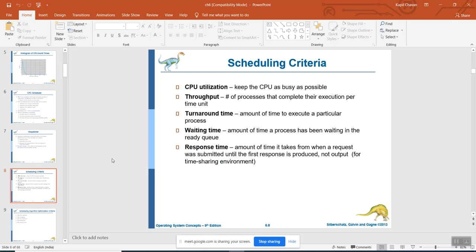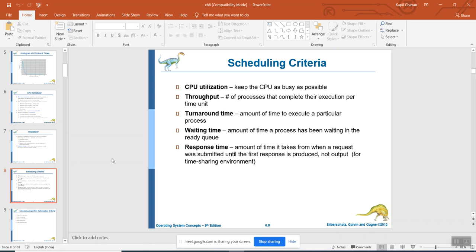Then what are the scheduling criteria? These are three to five concepts that are important to remember, because these definitions can be asked in your paper also. The first one is CPU utilization.